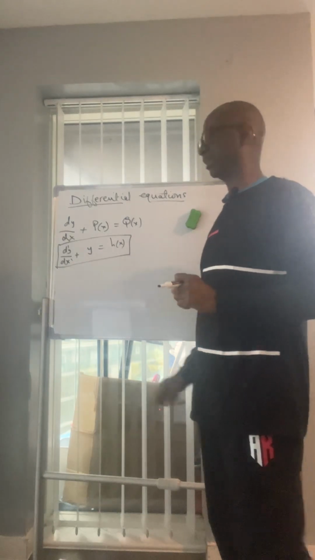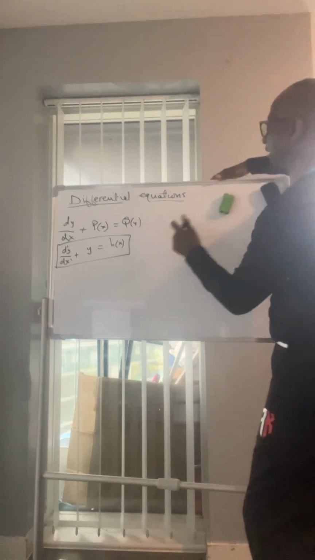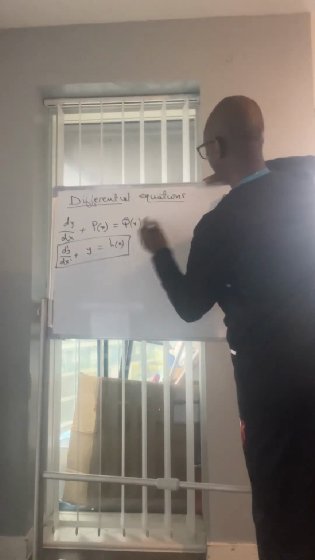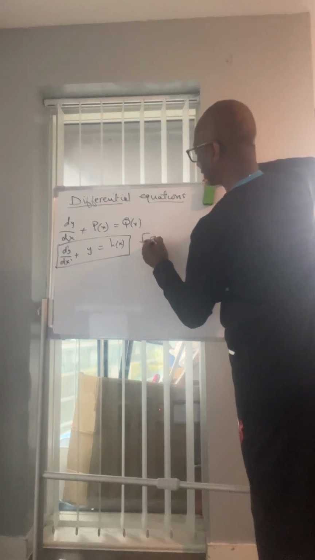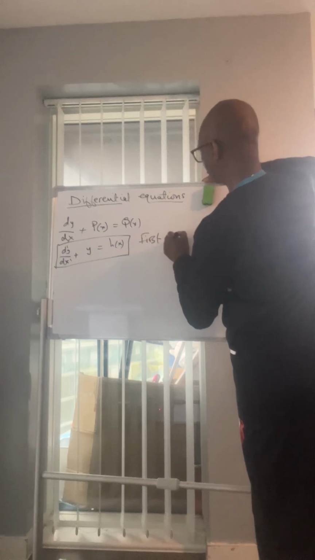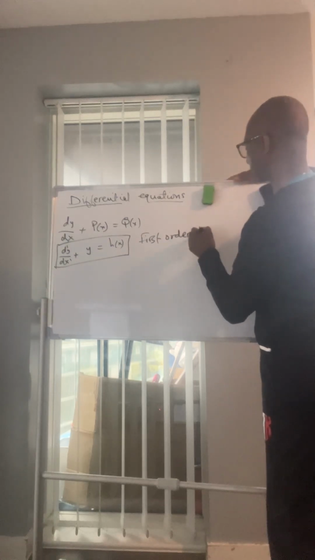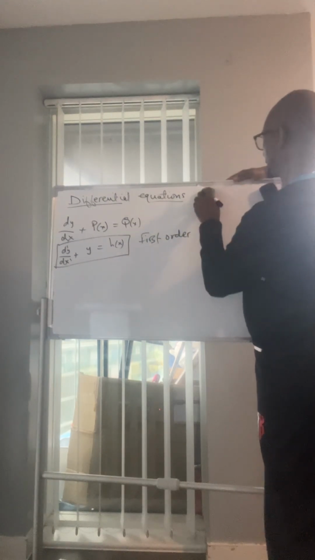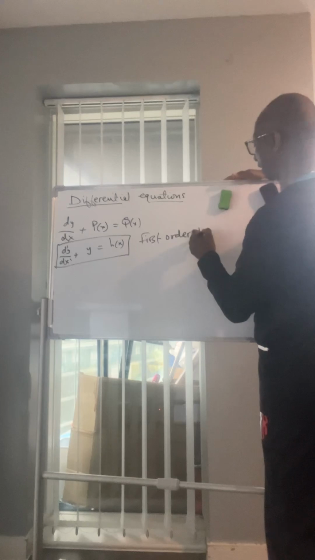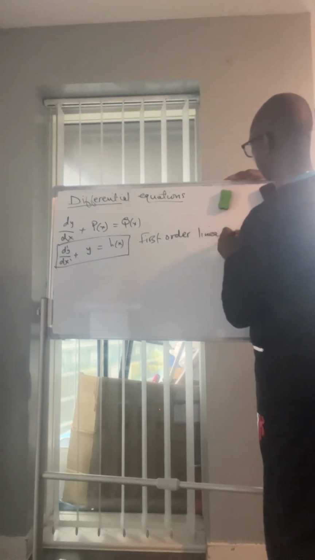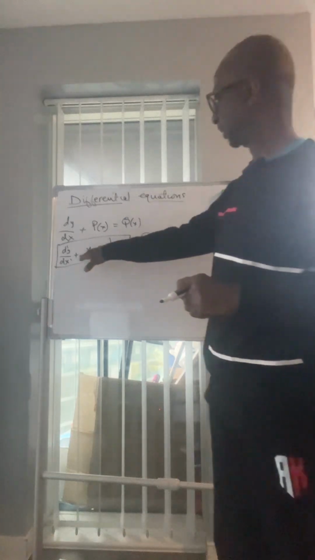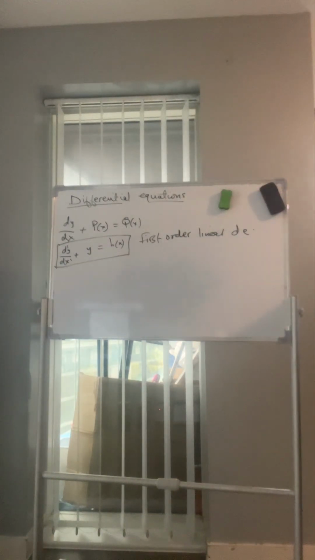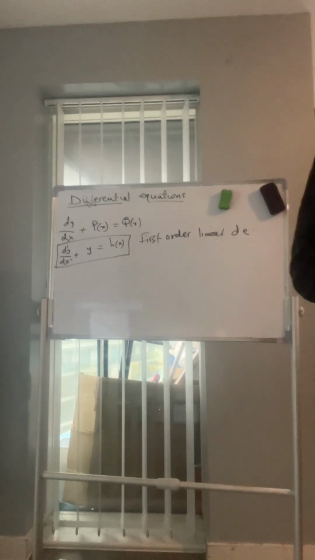It can only appear like this. So this is called a first order linear differential equation. When you see it appear like this, it is a first order linear differential equation.